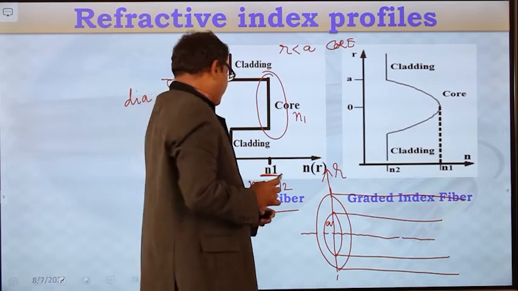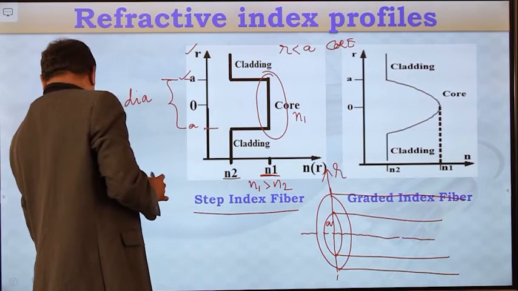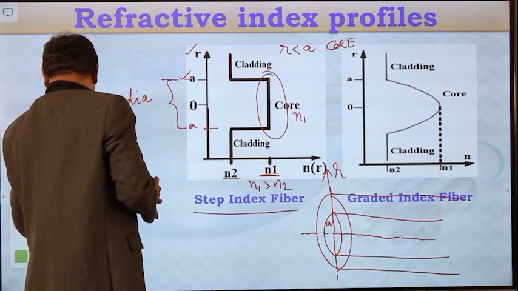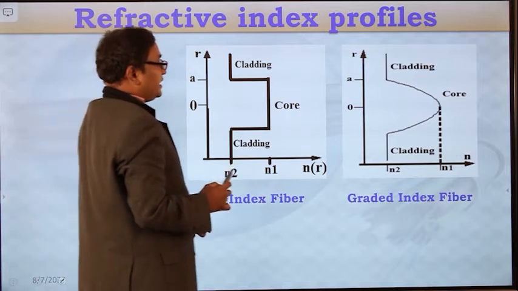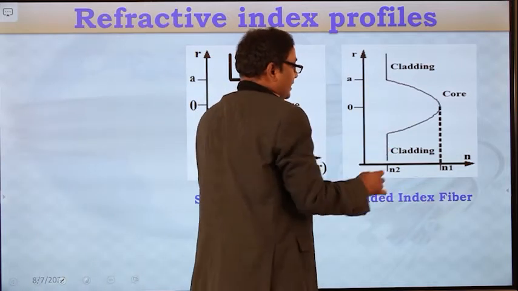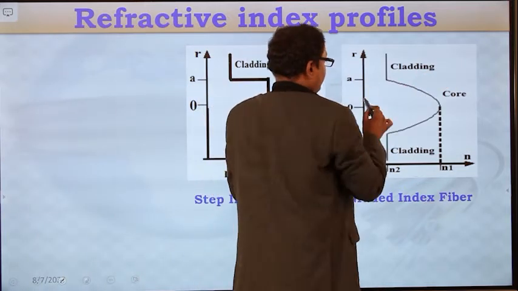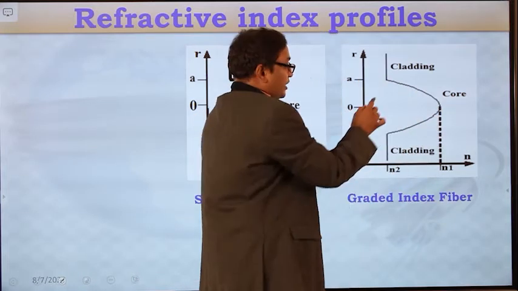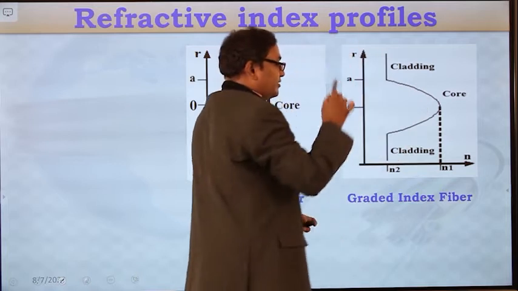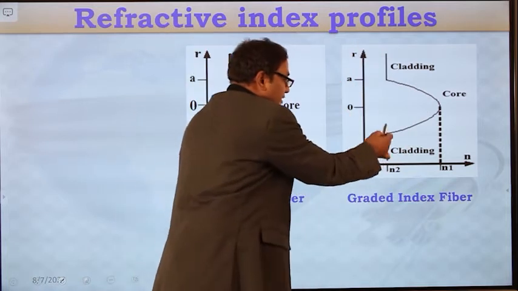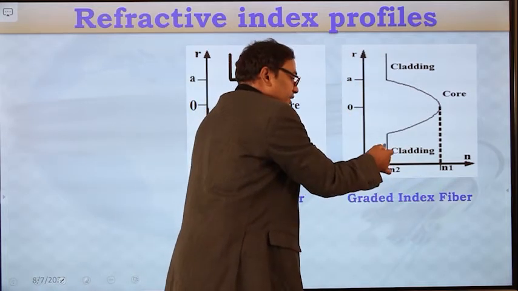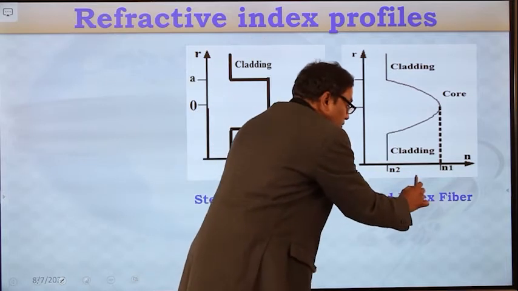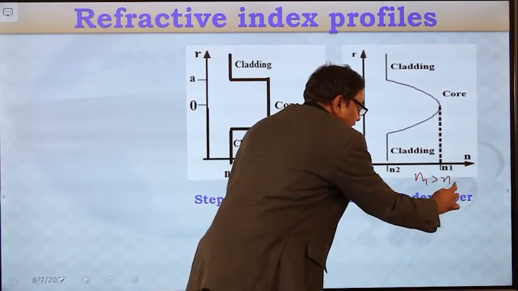Whereas in the case of graded index fibers, similarly, whenever R value is less than a, that is representing the core. In the core, the refractive index is gradually varying, and in cladding the refractive index value remains constant, that is n2, and here also n1 is greater than n2.